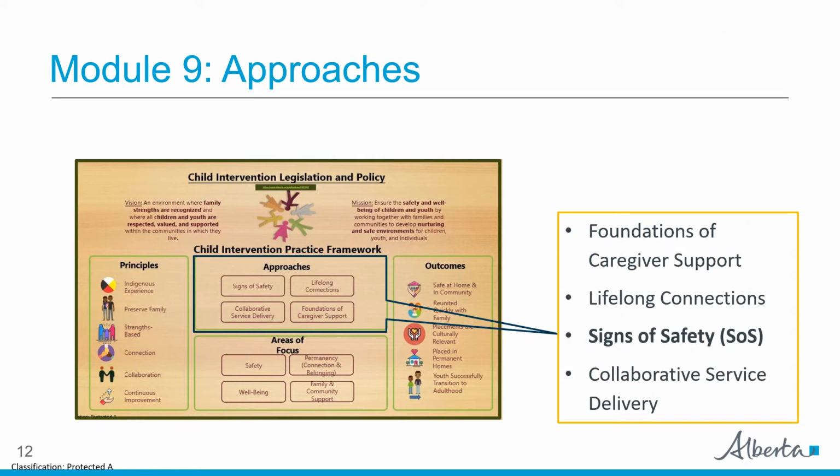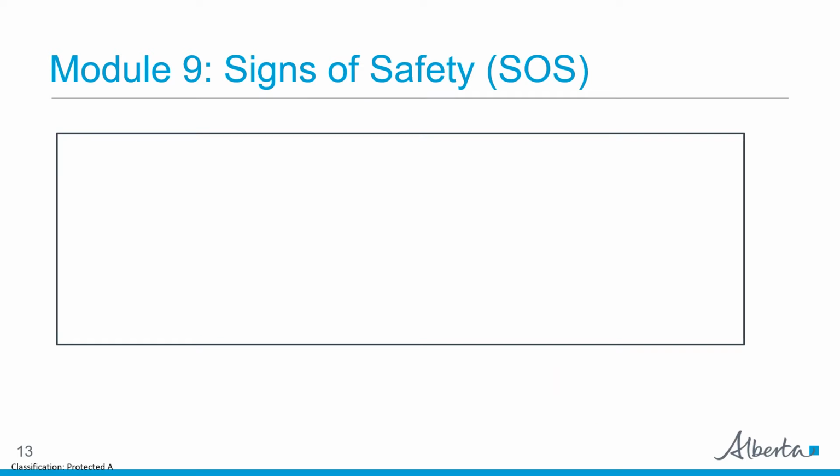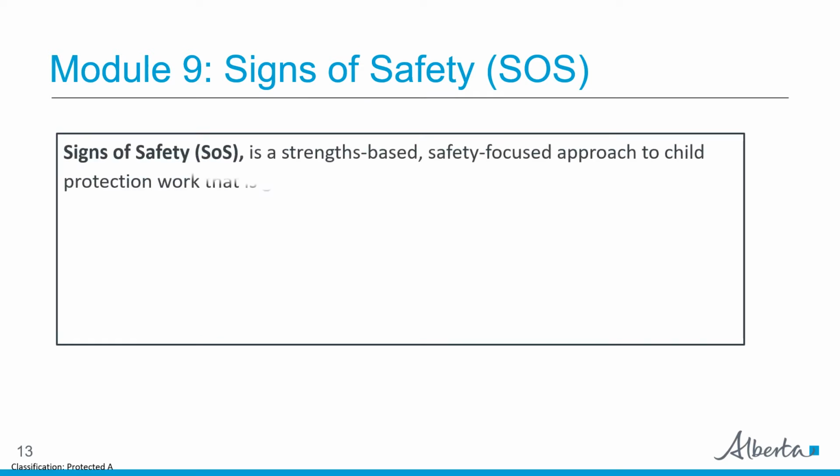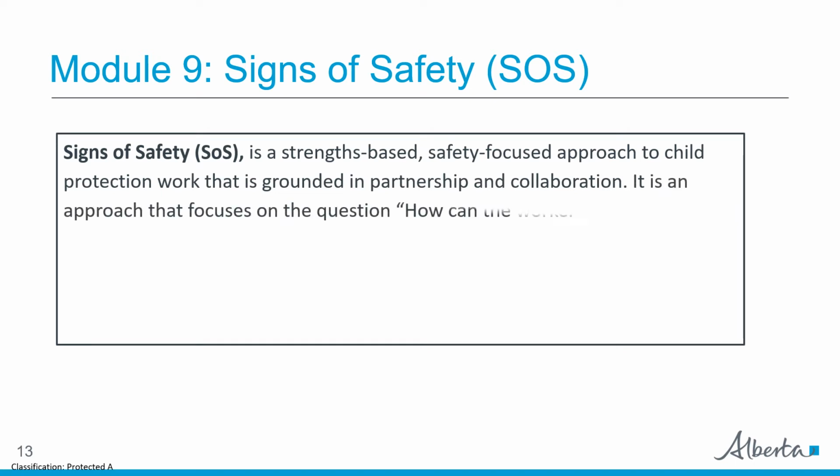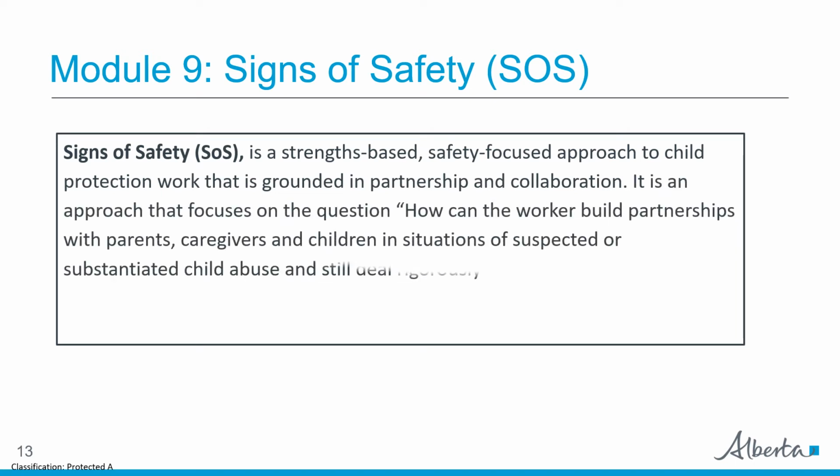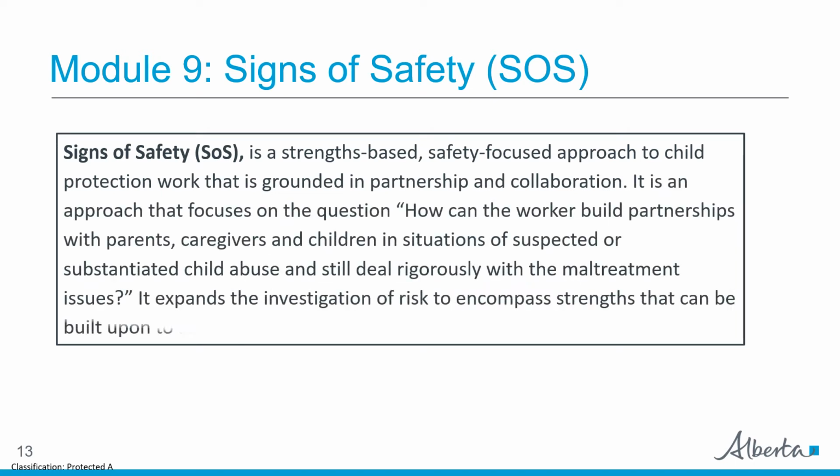Signs of Safety. Module 9, Signs of Safety. Signs of Safety is a strengths-based, safety-focused approach to child protection work that is grounded in partnership and collaboration.